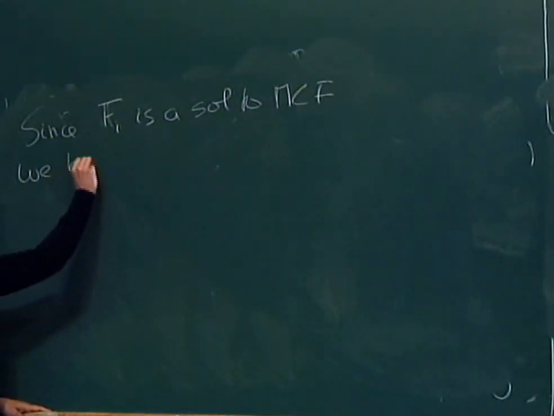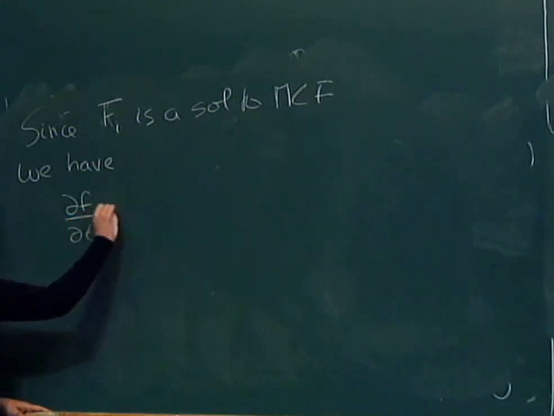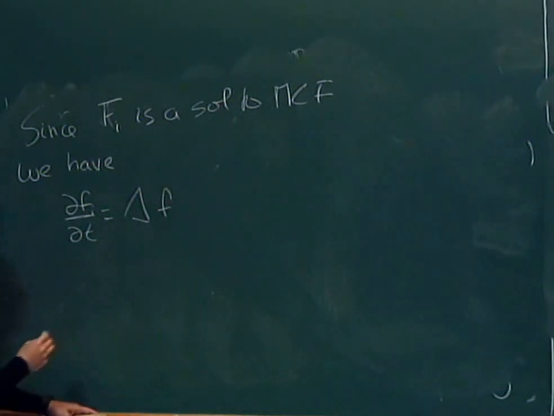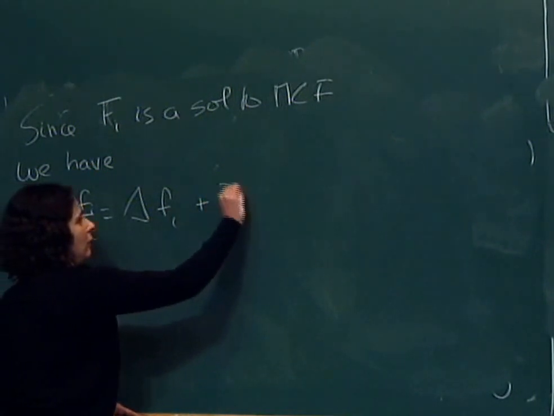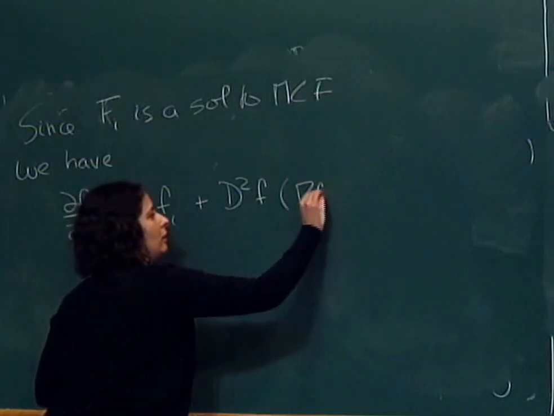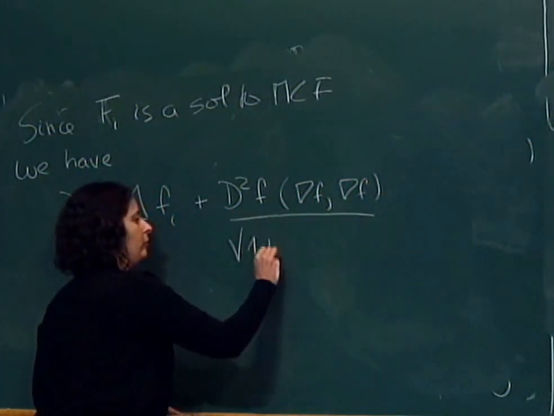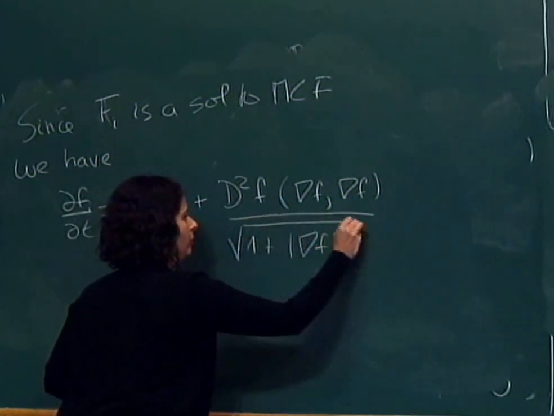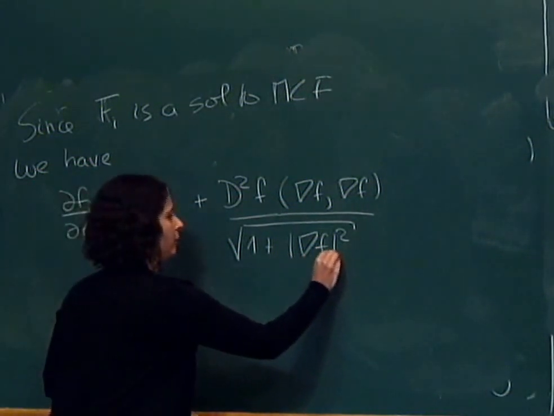We can compute, I'm not going to do it in detail, but it's an easy computation, that dF/dt is actually the Laplacian of f, the regular Laplacian on Rn, plus some term that depends on the second derivative and on the gradient. Okay, and this is fine.